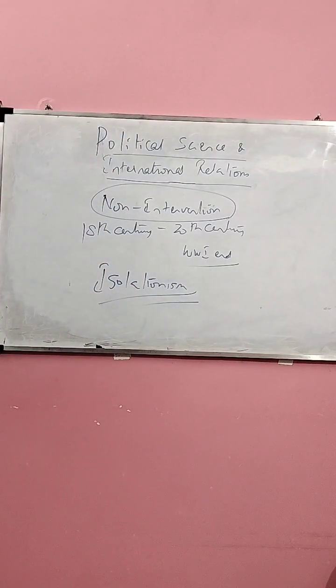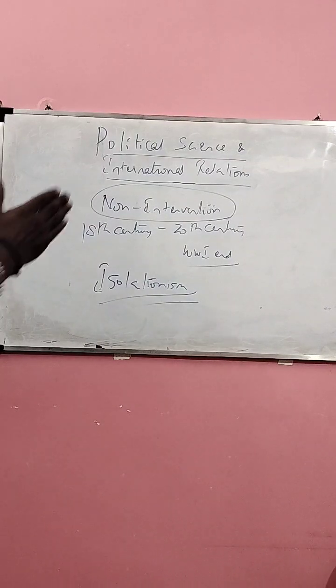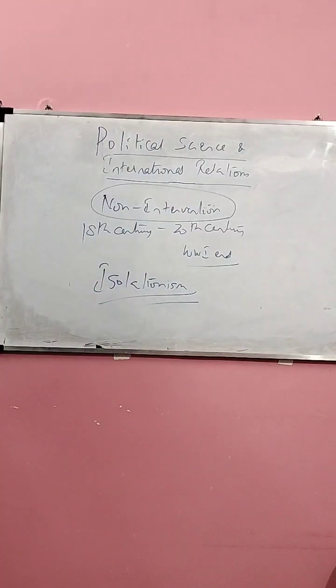Non-intervention says that the country won't involve itself in military alliances or wars. But isolationism tells that apart from non-involvement in wars or alliances, the country will stay isolated from the rest of the world. It won't even commit itself to work with other countries even for constructive purposes, like going for trade agreements, working for economic progress and so on.